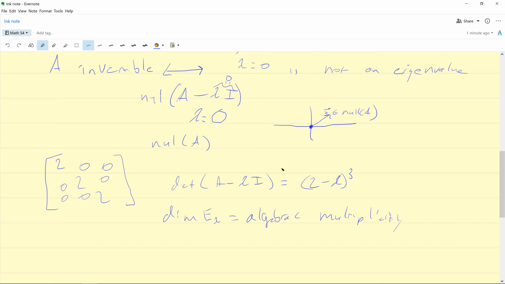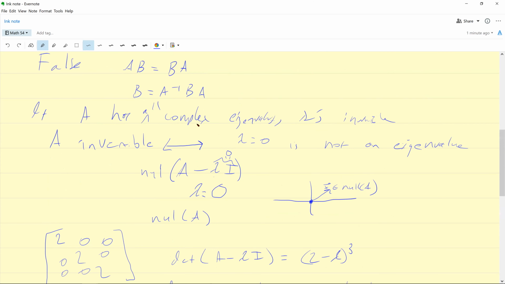On the flip side, if you have distinct eigenvalues, that means it will be diagonalizable, because the dimensions of your eigenspaces will always be at least 1, and your algebraic multiplicities are at most 1, so they'll be equal in that case as well. Okay. So if A only has complex eigenvalues, it doesn't have 0 as an eigenvalue, so it will be invertible, right?